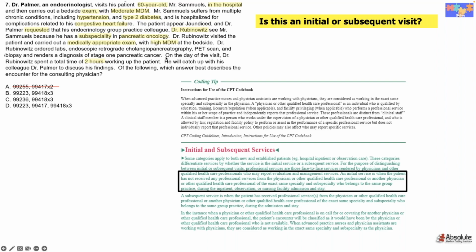All right, so both doctors are of the same specialty, but they are not of the same subspecialty, and they do belong to the same practice, but the ruling says you have to be of the exact same specialty and subspecialty. And because they are not, Dr. Rabinowitz classifies as an initial visit. So this is an initial visit.